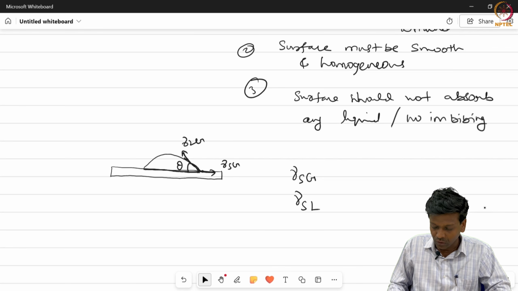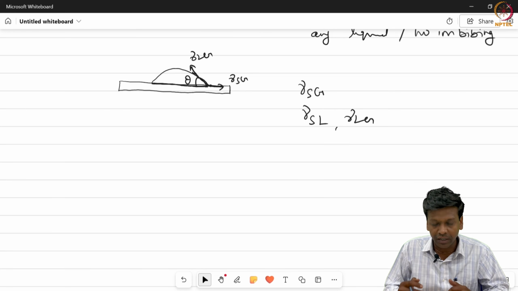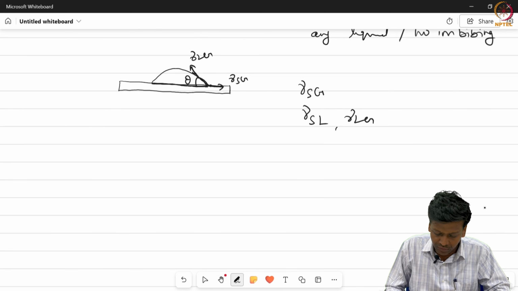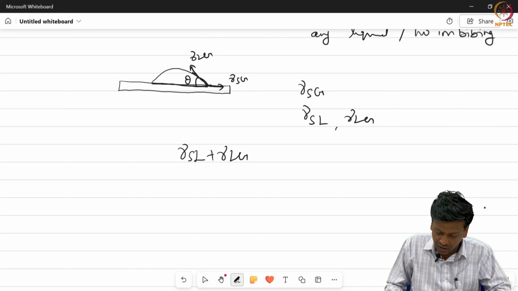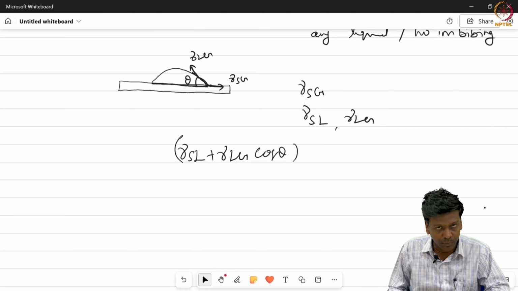Okay. So if you look at this equation, let's say when we spread a droplet, the components of gamma SL plus gamma LG cos theta ensure that the droplet is spreading.